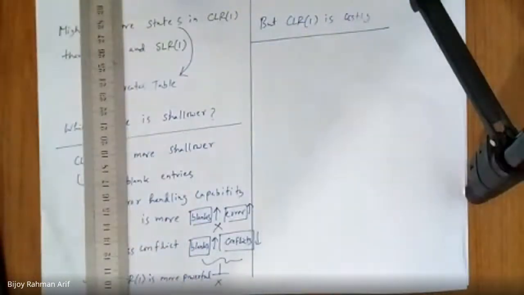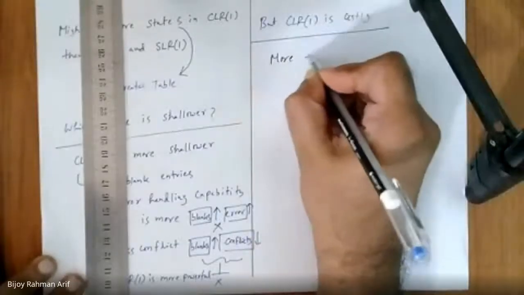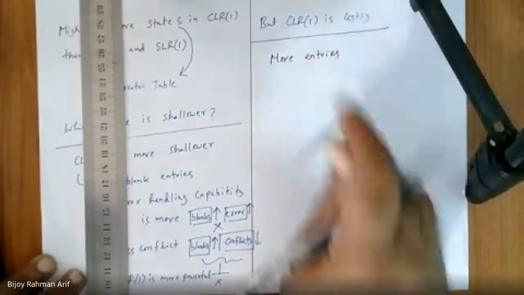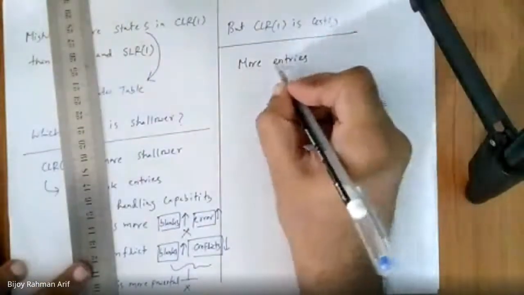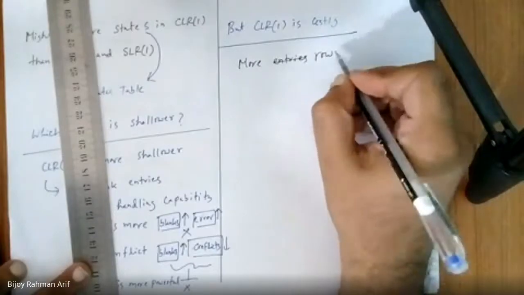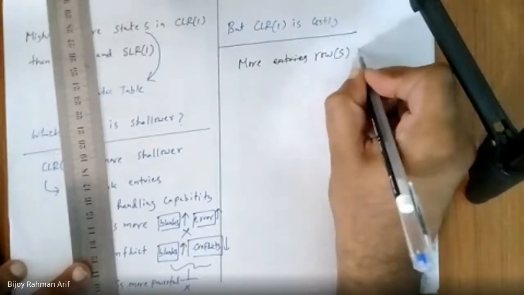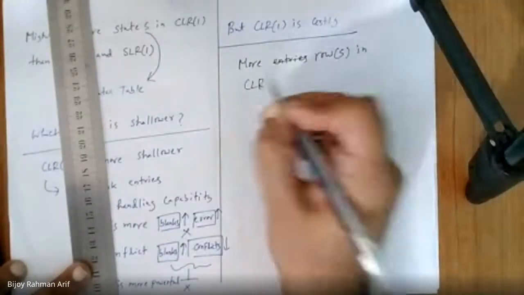It is a very commonsensical question. More space, good. Because more entries means not entries, more rows. More rows in CLR1.